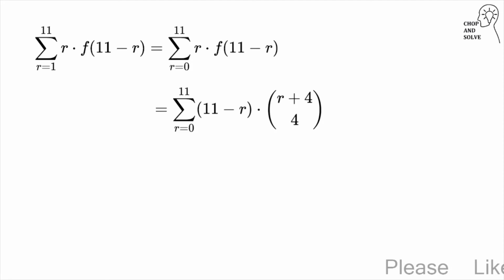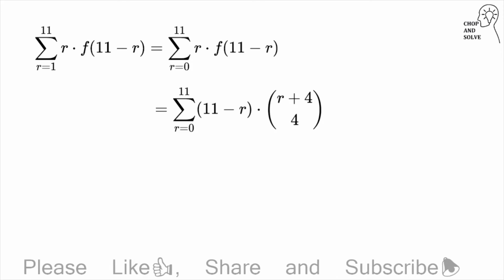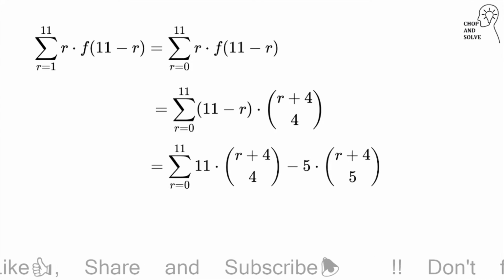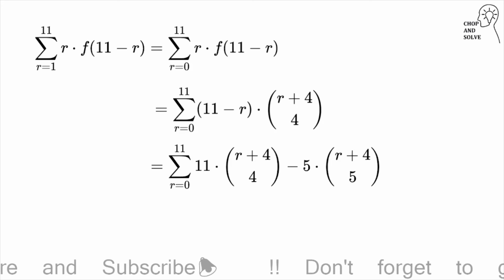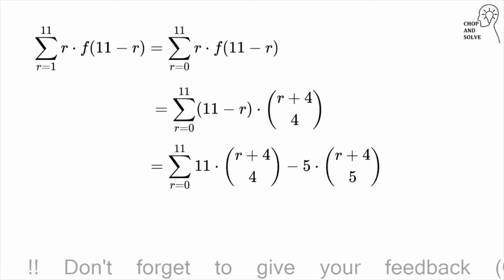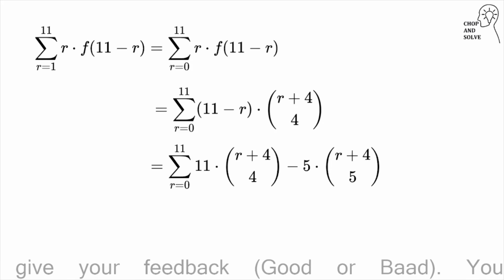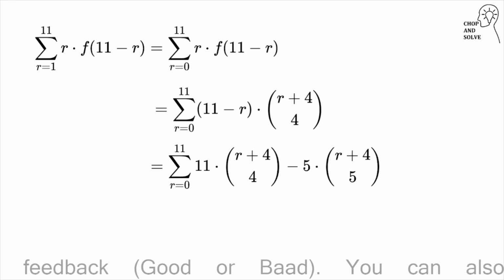Because I want to solve this in a different way, but we will eventually get the same solution. The summation over r equal to 0 to 11 of 11 into r plus 4 choose 4 minus 5 into r plus 4 choose 5.